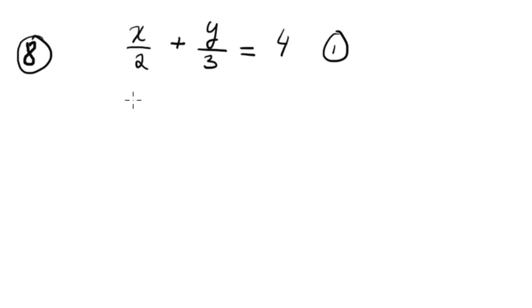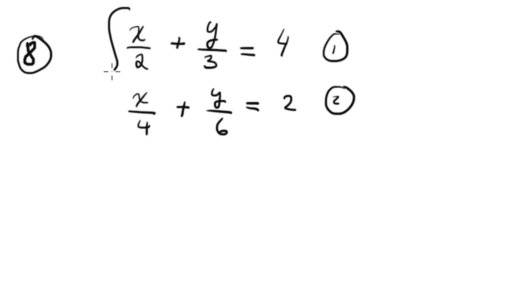Okay, now question 8 is x over 2 plus y over 3 is equal 4, equation 1, and x over 4 plus y over 6 is equal 2, equation 2. It's a system, but the only complication here is that we have fractions.